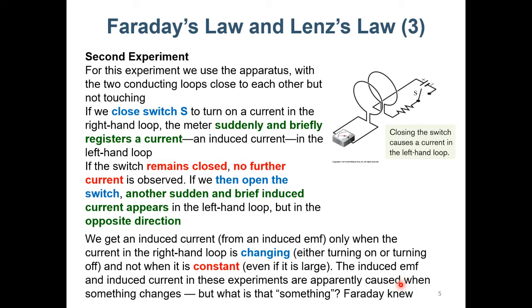So here we have the second experiment. For this experiment, we use an apparatus with two conducting loops close to each other, but not touching. It looks like the setting for experiment 2, the magnetic induction, but actually it is a much larger apparatus than this schematic.